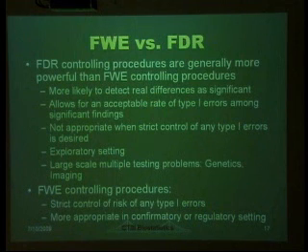Again, it allows for an acceptable rate of type 1 errors among your significant findings, but it's not appropriate when you want strict control over any type 1 errors across all of your tests. So the false discovery rate is naturally suited towards an exploratory setting, and is also very appropriate in a large-scale multiple testing situation, like genetic microarray analysis or imaging, where you're looking at a lot of points in an image.